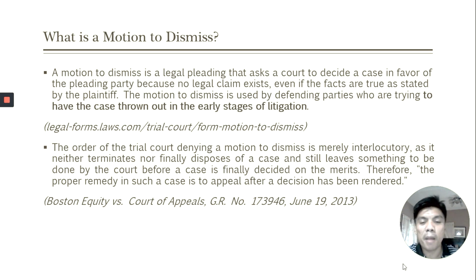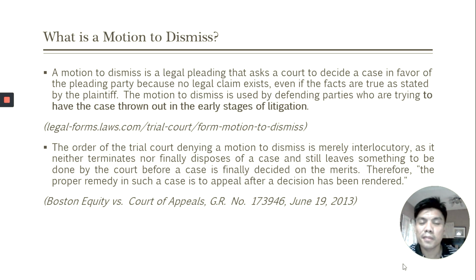Therefore, the proper remedy in such a case is to appeal after a decision has been rendered. In other words, once a motion to dismiss is denied, the defendant has to file an answer and proceed with trial and wait for the decision or the judgment in the case, and raise the same arguments in the motion to dismiss as may be grounds for appeal.